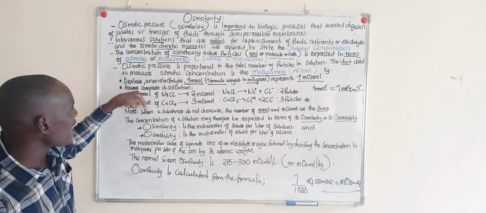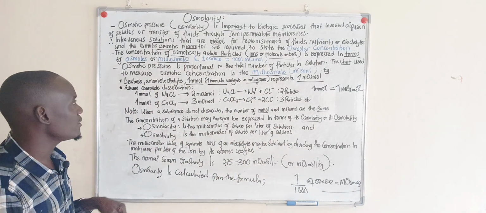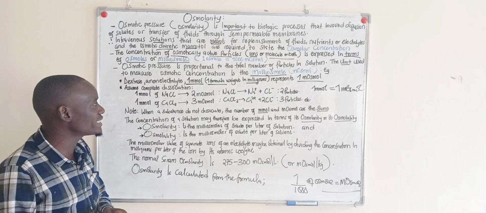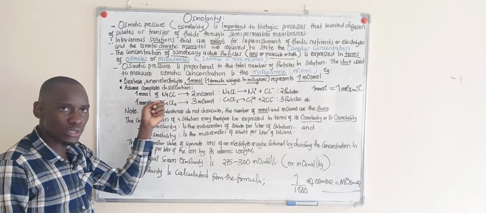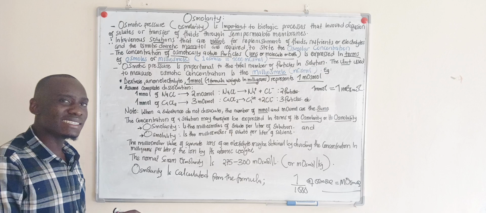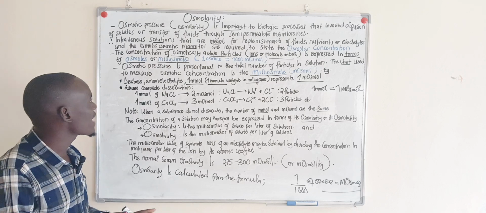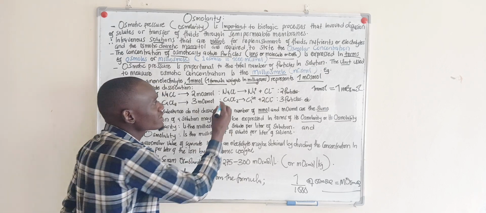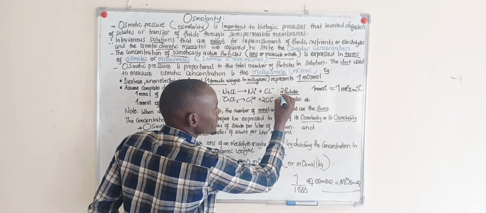And if we assume that sodium chloride dissociates completely in solution, it means that such substances dissociate to produce 2 particles.